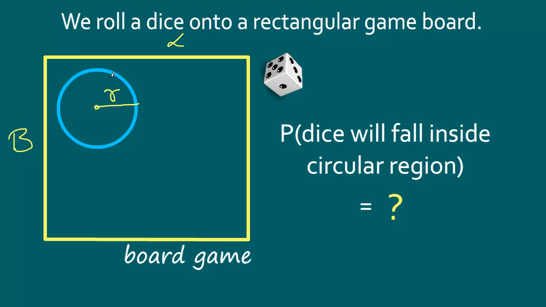It can be a triangle, a rectangle, or any region. The idea here is how we calculate probability in a question where geometry meets probability. So let's find out how we answer these questions.